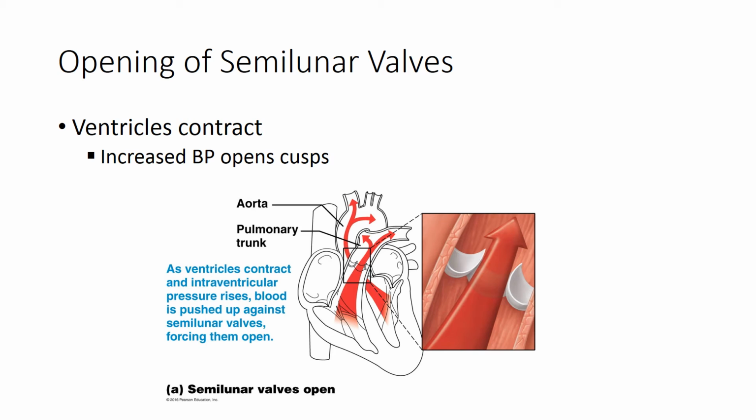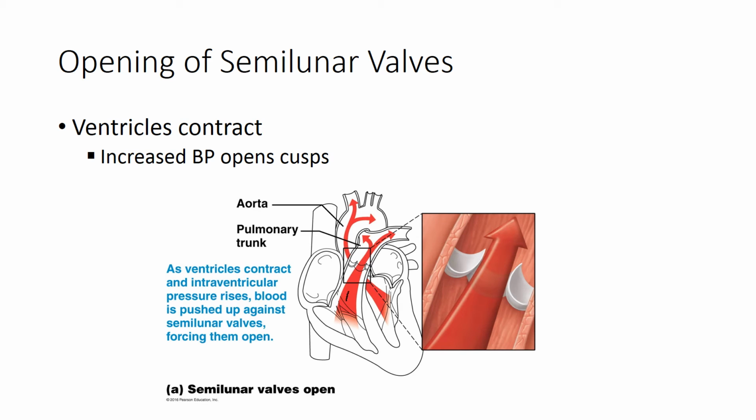All right, let's look at the opening of the semilunar valves. So the semilunar valves again are at the junctions between the ventricles and the large vessels where blood is ejected. And as I mentioned, when the ventricles contract, there's going to be an increase in blood pressure.